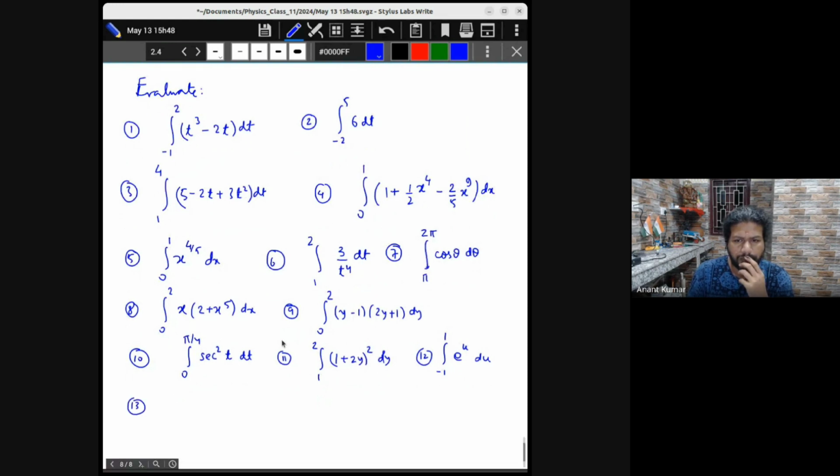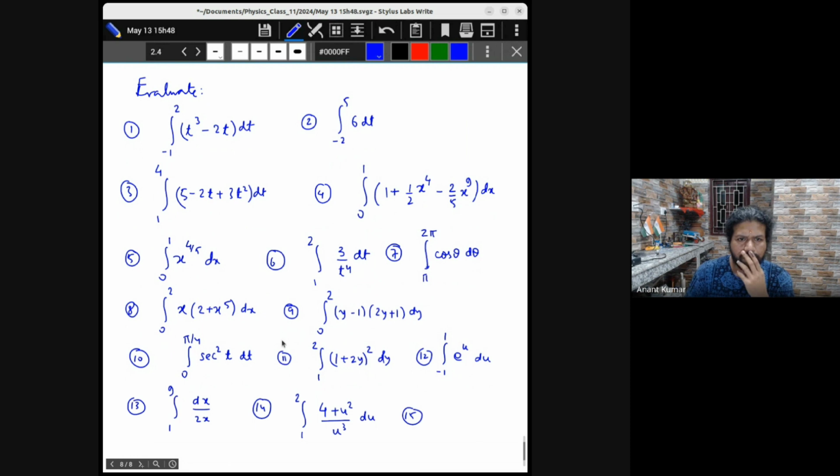Then we could have 1 to 9 dx 2x, 14 could consider 1 to 2 plus u square, and 15 0 to 1, 2 plus x with x into dx. This should be a bit of practice for time being.